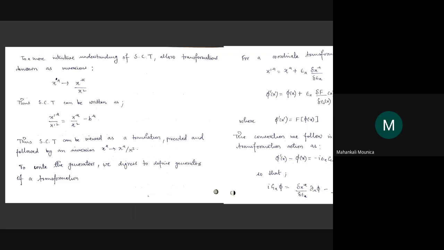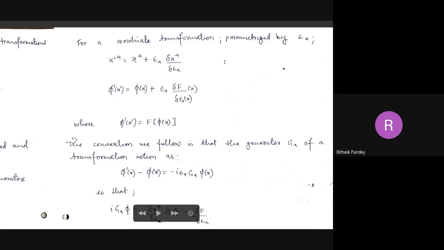Okay. What we have done till now is we have found the form of the conformal transformations. Now, when we have a transformation, we would like to write the generators of those transformations. First, we digress into how you define generators of any transformation.